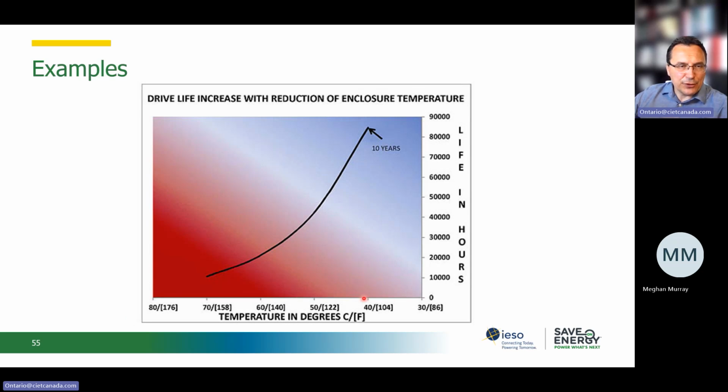So if we operate at a lower temperature, let's say 40 degrees, we expect a 10-year lifetime of this equipment. But if we operate the system at higher temperatures, we can see a significant reduction of the lifetime of this equipment. At 70 degrees Celsius operation, we have just over 1 year of lifetime for the equipment. So a significant reduction in the lifetime of the equipment operating at higher temperature.